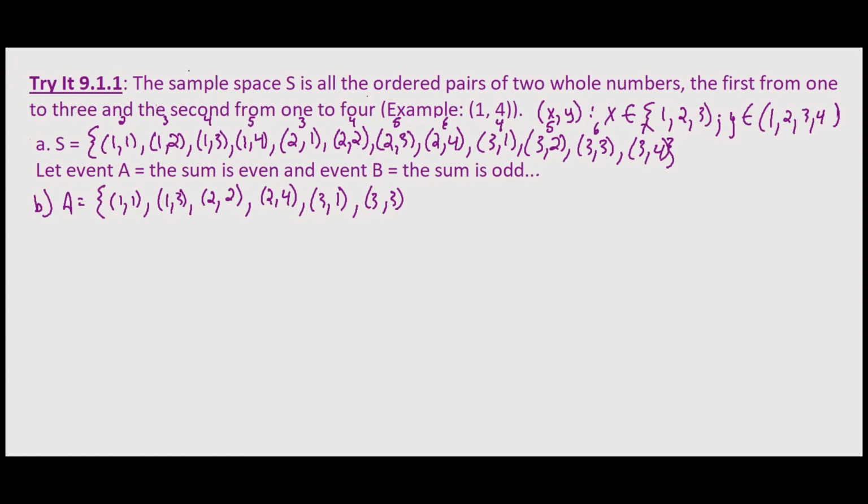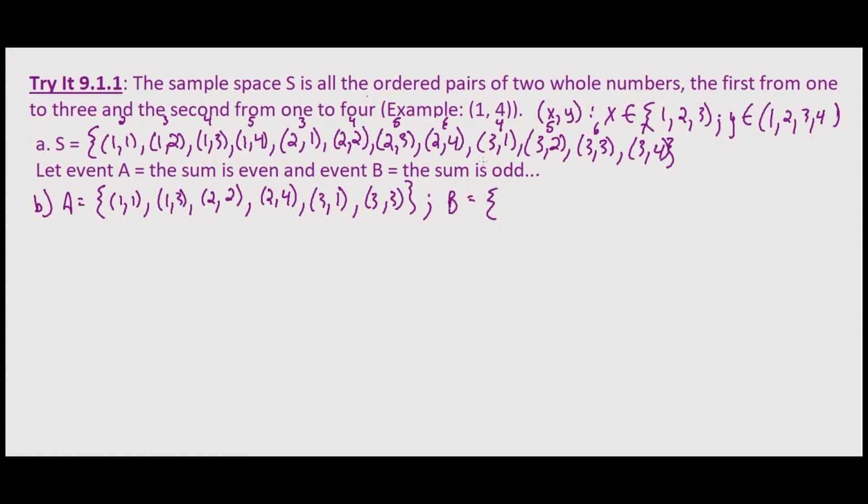So it's going to be, make sure we have them all, (1, 1), (1, 3), (2, 2), (2, 4), (3, 1), and (3, 3). So there's event A. Event B would be all the others, because if it's not even, it's odd.